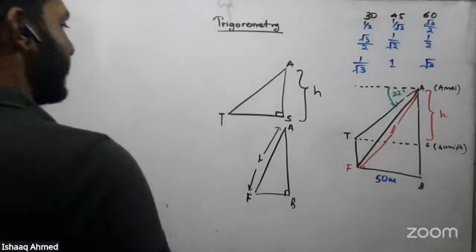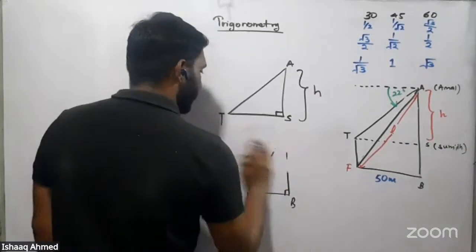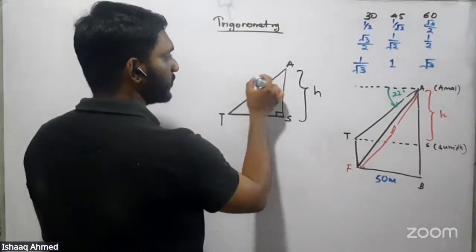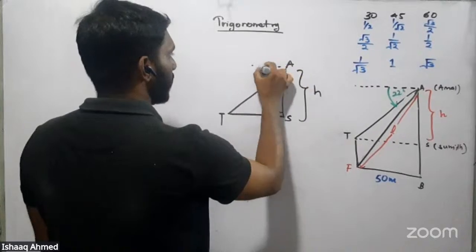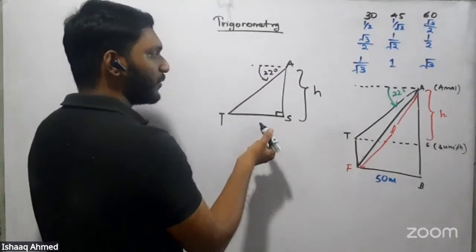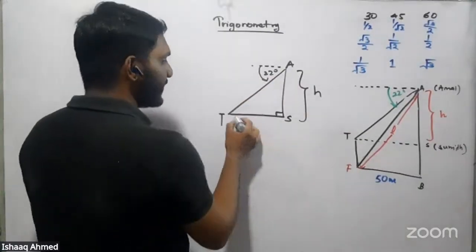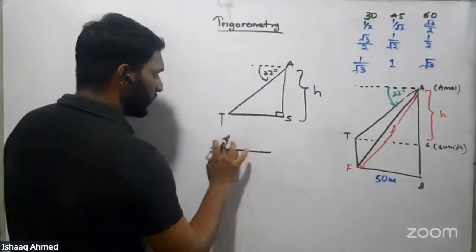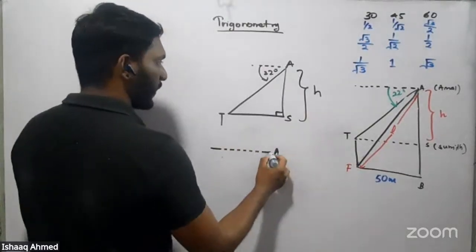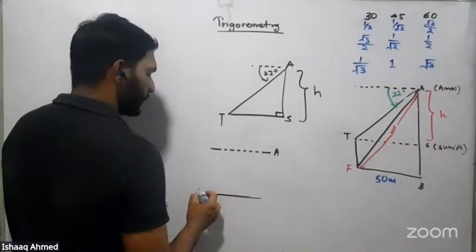So first we'll find H. They have given this angle, no? This is 22 degree. This and this are parallel, no? This is A, okay?